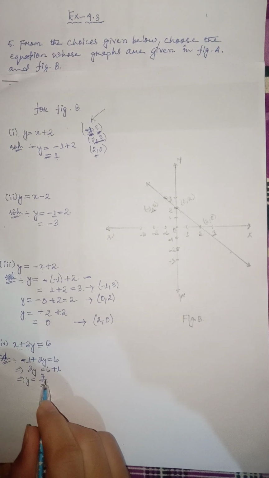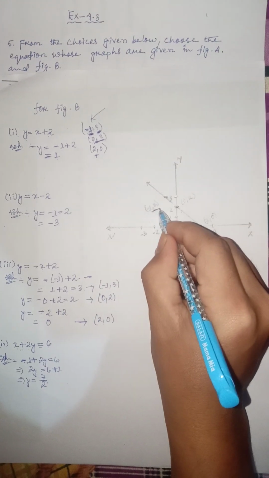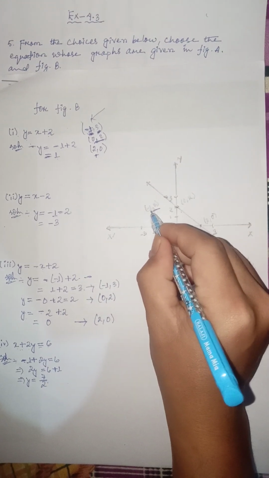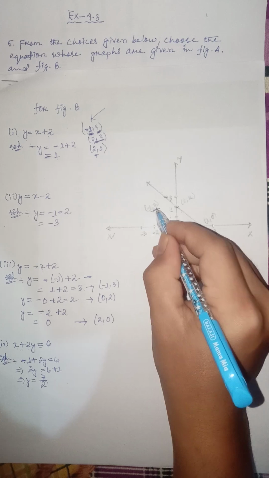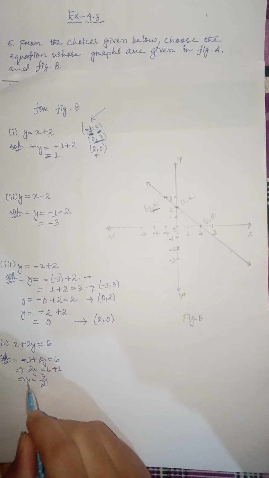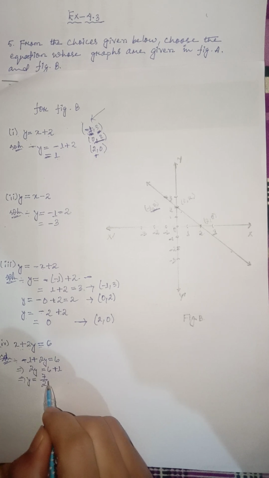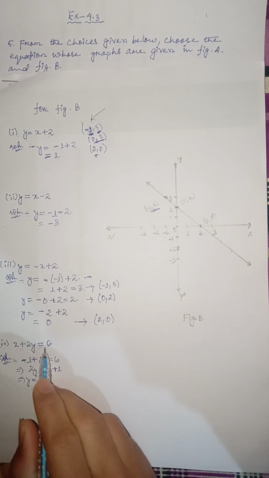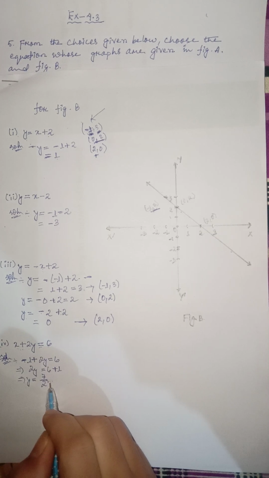That is not the point which is given in this. In the point, whenever the value of x is minus 1, then the y value should be 3. But here, we can't get that. So let us stop up to this. And from this maths, we can see that this equation will not be the right equation for this.